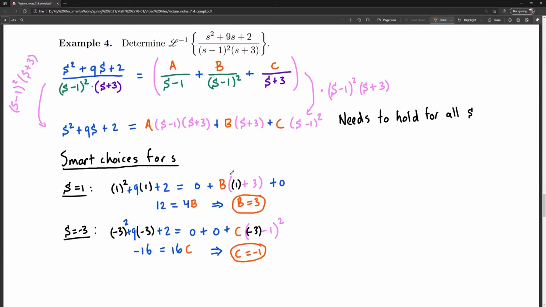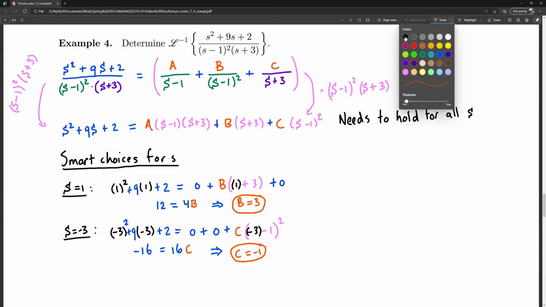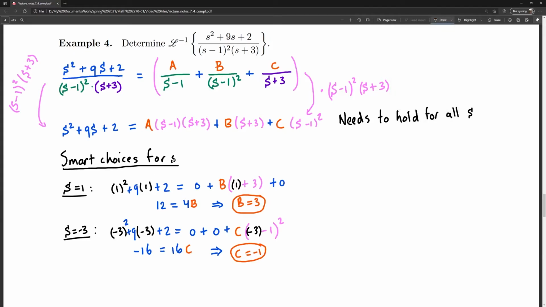Now, at this point, we've run out of smart choices for S, in terms of things completely canceling out. So instead of multiplying this out, we'll pick any value of S that is convenient.